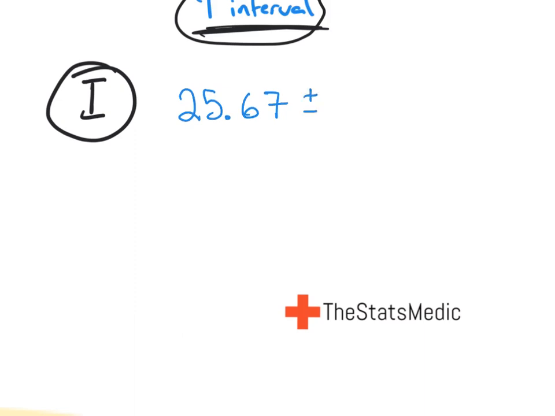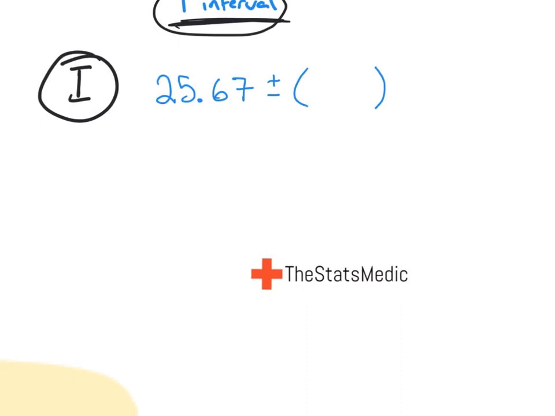Plus or minus some t critical value that I'm going to have to go look up in a second. Times s, which is 8.32 divided by the square root of n, which is 18. So there's what the formula looks like right there.